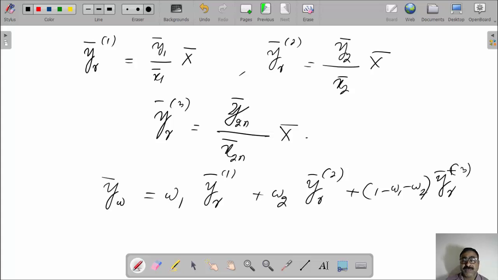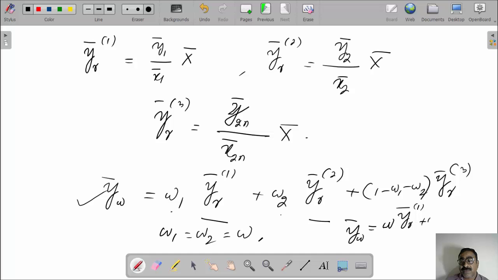Now since y r bar 1 and y r bar 2 are based upon the same sample size, we can consider W1 equal to W2, equal to W. So this estimator y W bar can be reduced to y W bar equal to W y r bar 1 plus W y r bar 2 plus (1 minus 2W) y r bar 3.